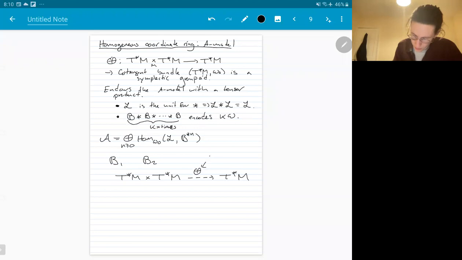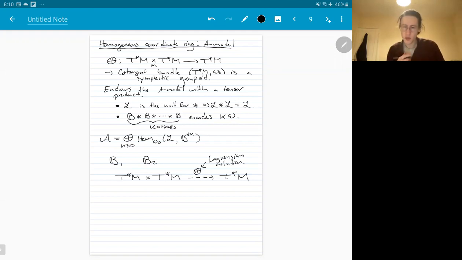It's a Lagrangian relation. So the direct sum, the product on the groupoid structure, is encoded itself as a brane inside of T star cross T star cross T star. And so you can tensor the branes together by composing Lagrangian relations.